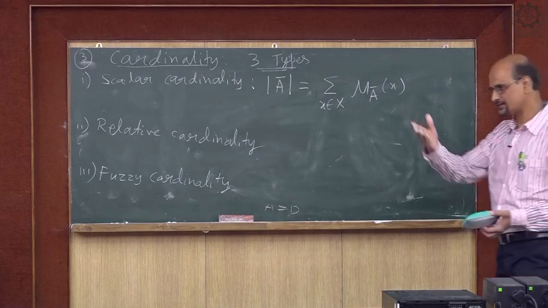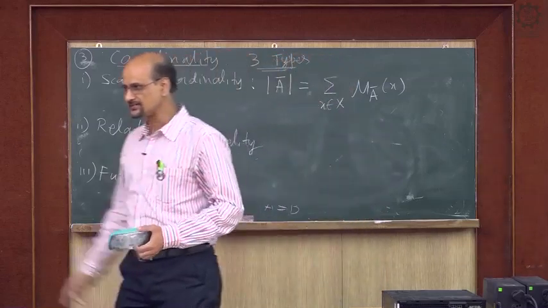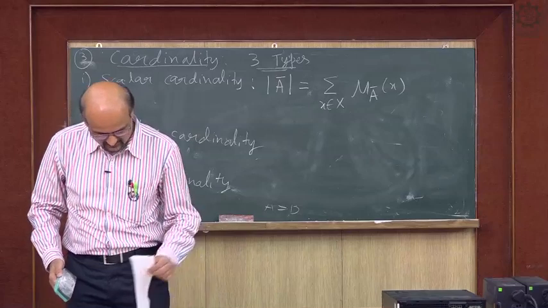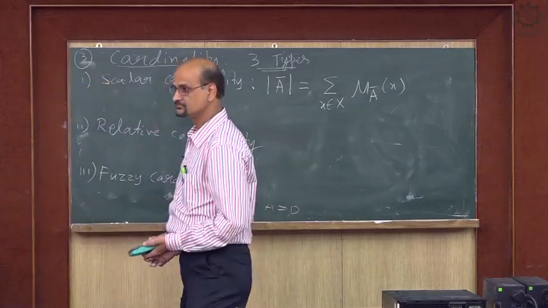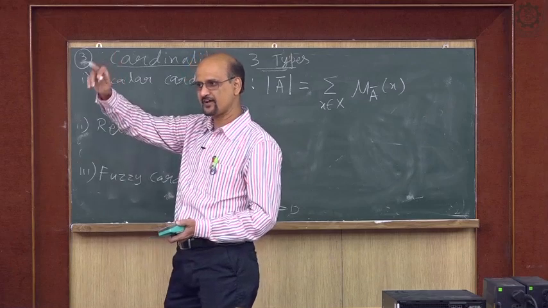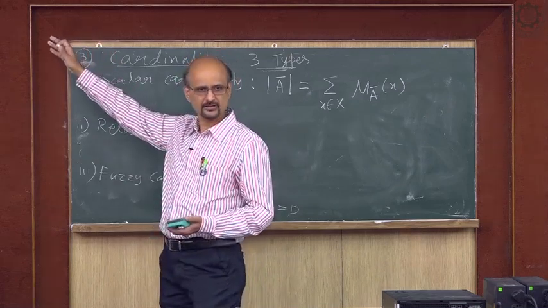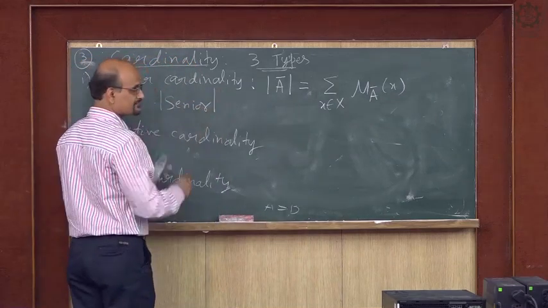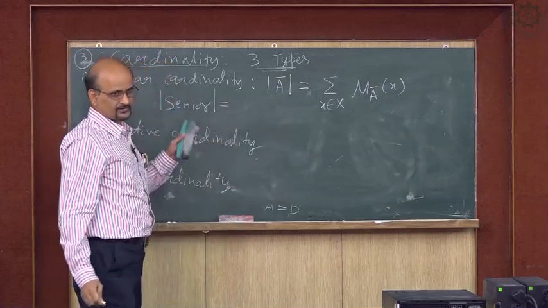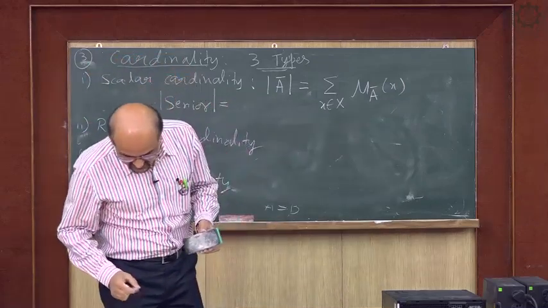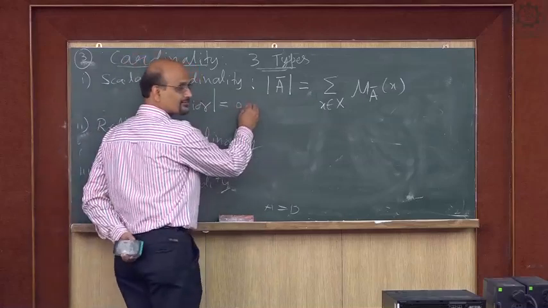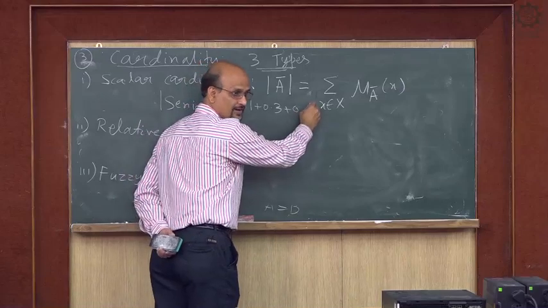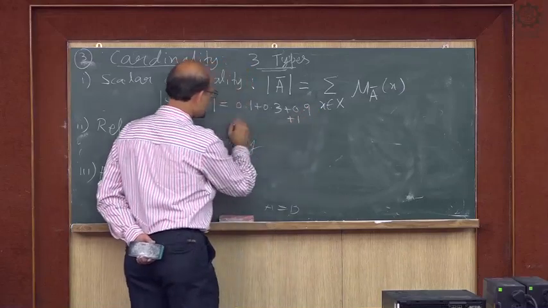Suppose I take that example I did last day, that young, old, etc. So, let us find for that, so it will be more clear. Suppose I take senior, senior was a fuzzy set, there we have infant, senior, adult, like that. So, for senior fuzzy set, its scalar cardinality, what are their membership functions we have? 0.1, 0.3, 0.9, 1 and 1.